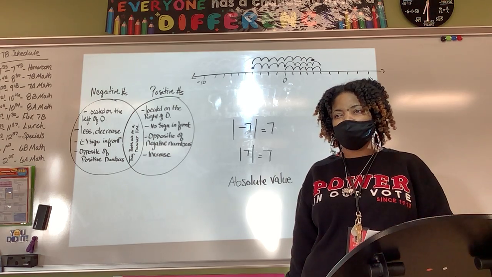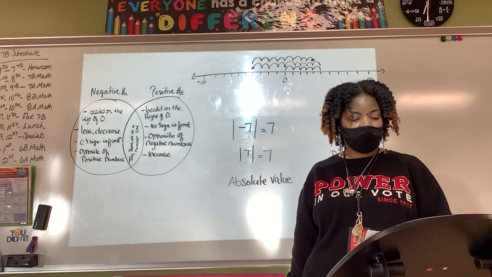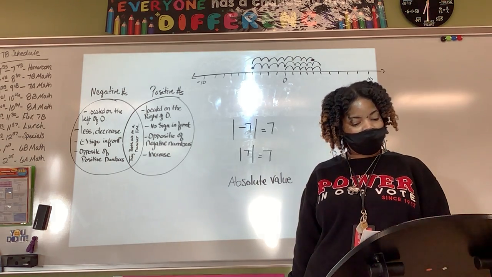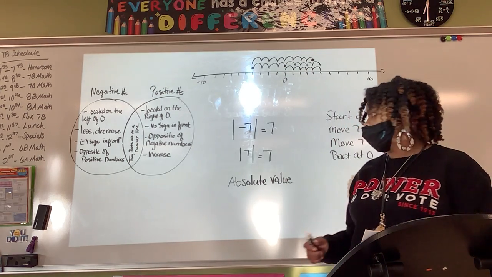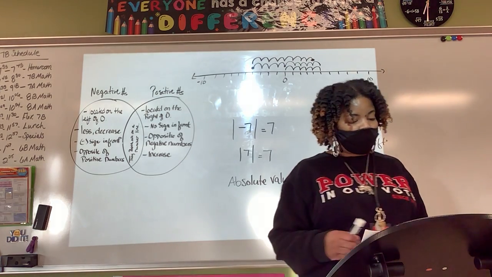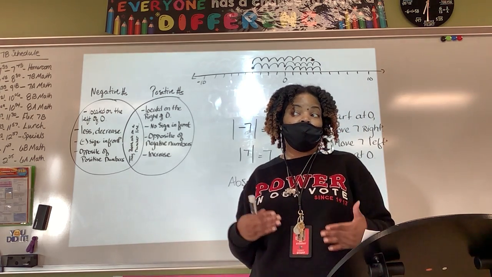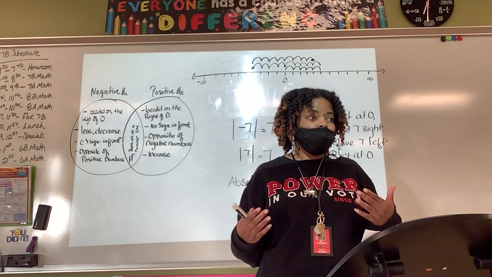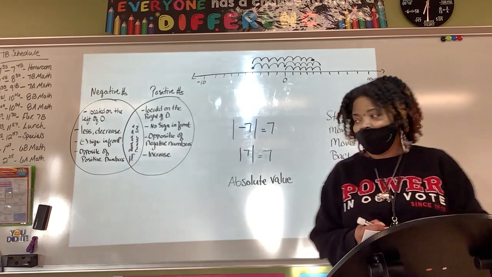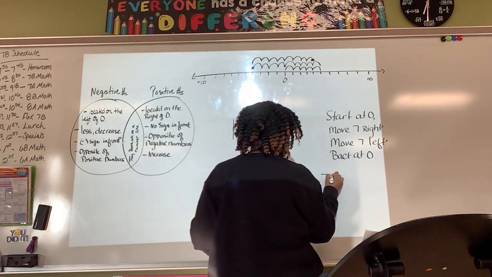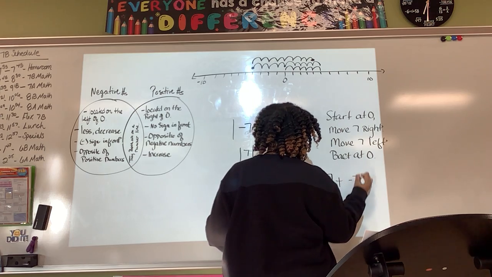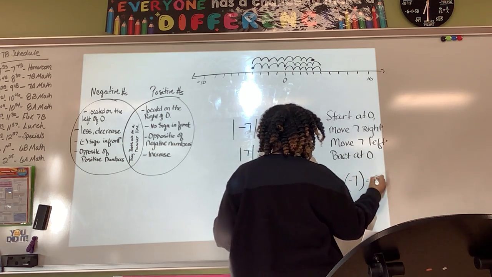Move right 7 times. And then move back. What does it tell us? It's the same distance. Yes, but it also tells us that it equals 0. So it also tells us that 7 plus a -7 equals 0.